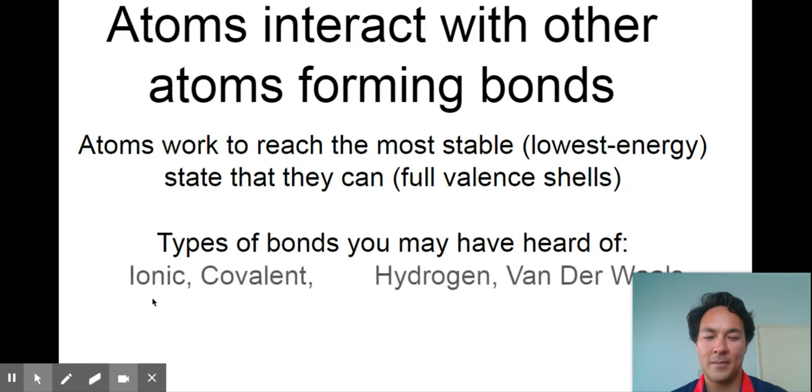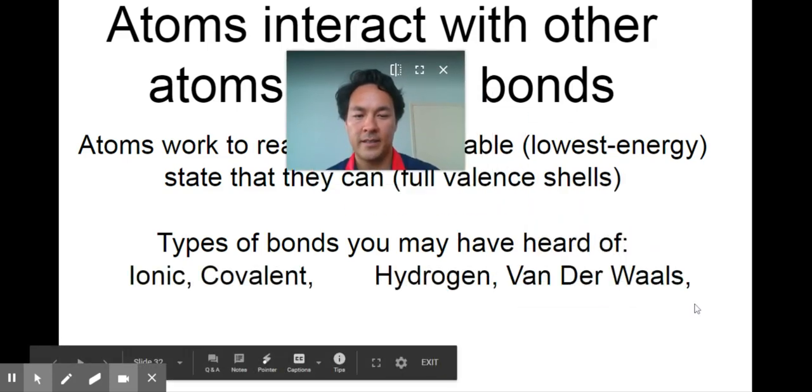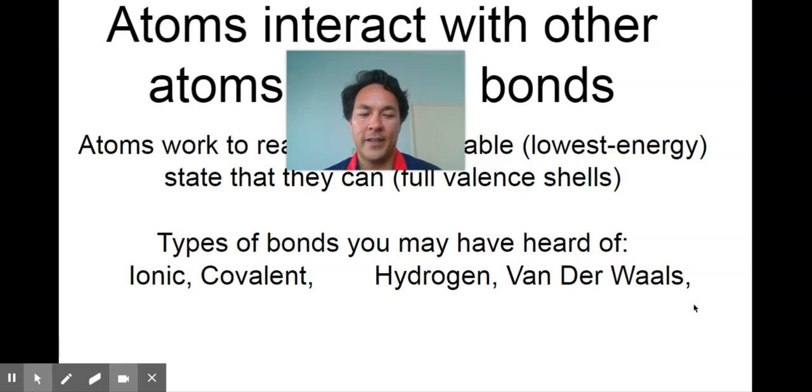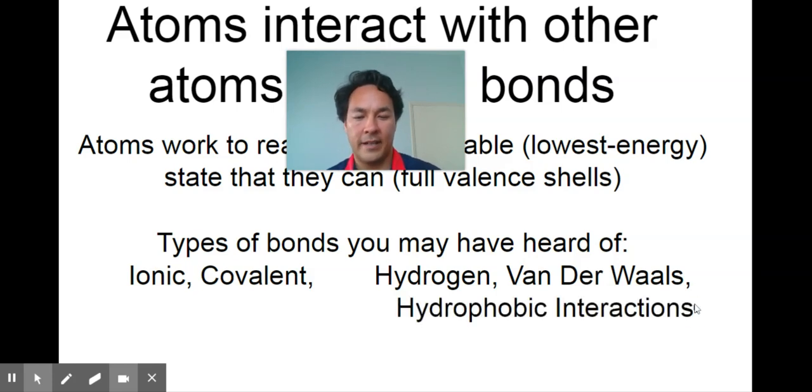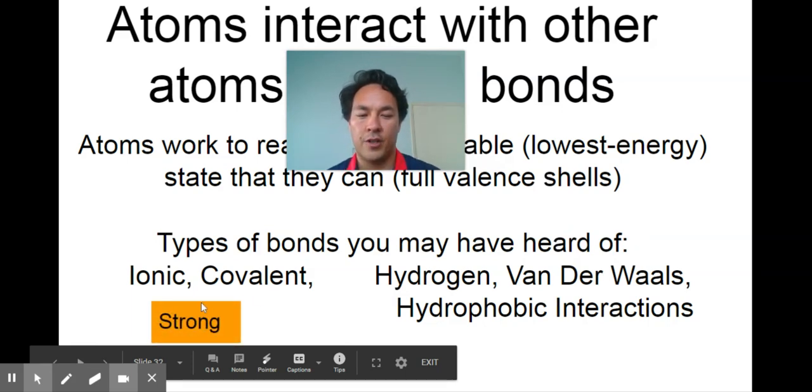All right, so here's some types of bonds you may have heard of before. Let me move my head and my hair. Ionic, covalent, hydrogen, van der Waals, London dispersion forces, and hydrophobic interactions. So I've kind of grouped them here, and hopefully we've heard that ionic and covalent bonds are strong, and that hydrogen, van der Waals, and hydrophobic interactions are more weak.